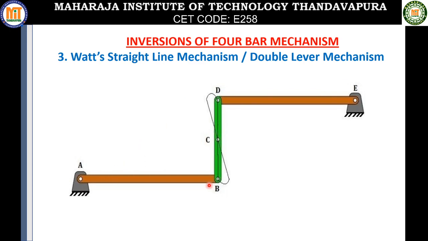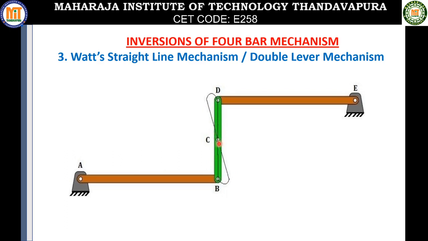This holds only for small displacement of the mechanism. Somewhere I give motion, for example at this point of AB. Whenever there is small displacement of the mechanism, the tracing point C, which is the middle point on the link BD, traces a shape which is very similar to 8. That is how the entire mechanism works.